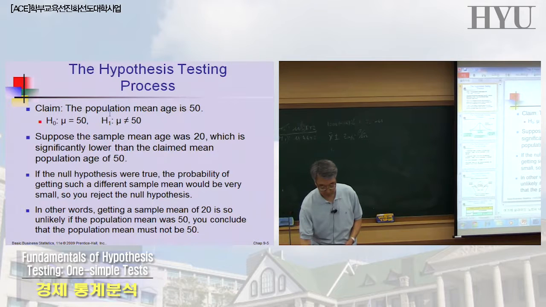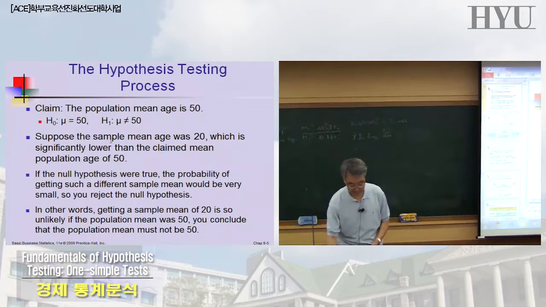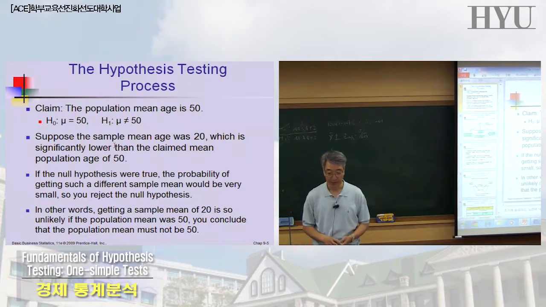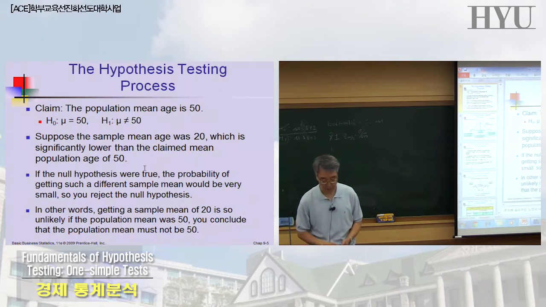So this was the age question. Someone says the population mean age is 50, and maybe someone took this class as a sample. If you calculated the average age in this class, you'd probably get something close to 20, which is significantly lower than 50.